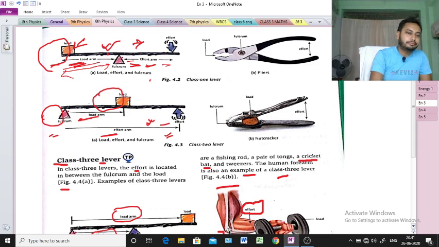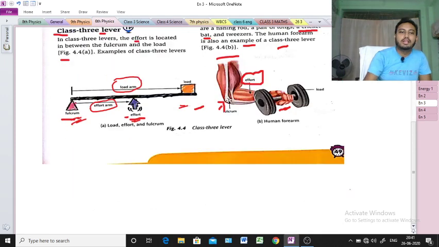Clear? And in the class 2 lever, this one is the length of the effort arm, and this one is the load arm. Clear? And in the class 3 lever, this one is the length of the load arm, and this one is the length of the effort arm. So if you look closely, you will understand.